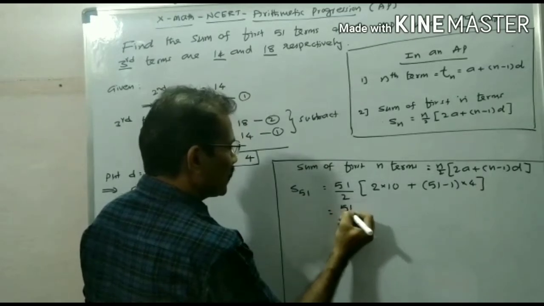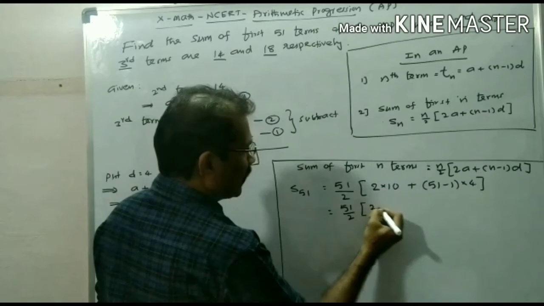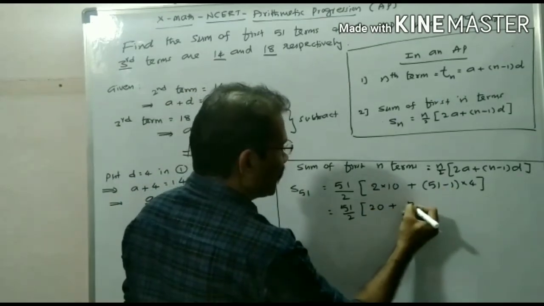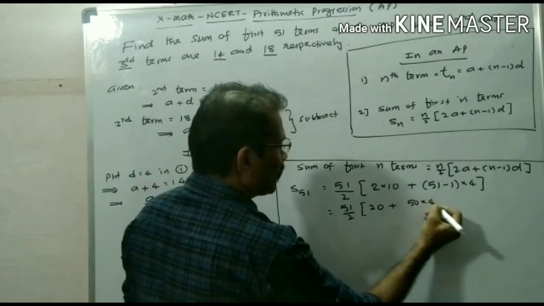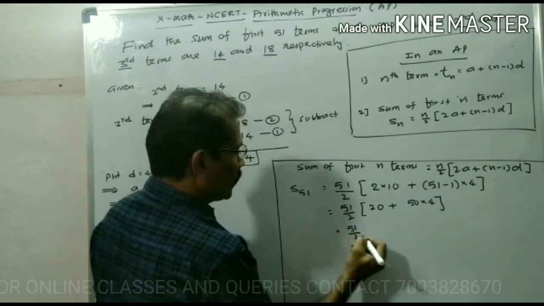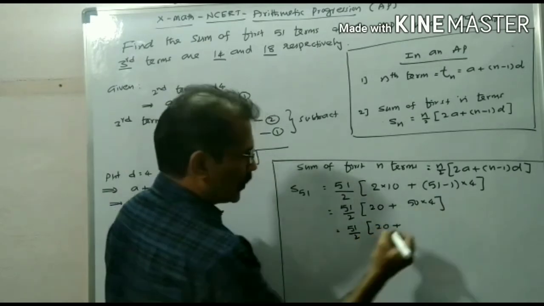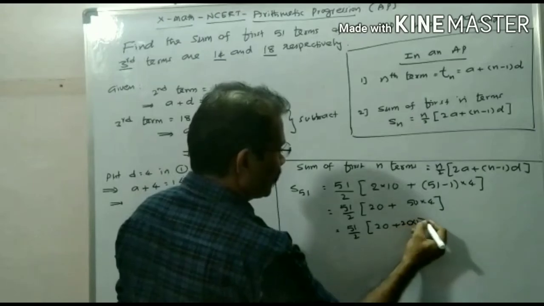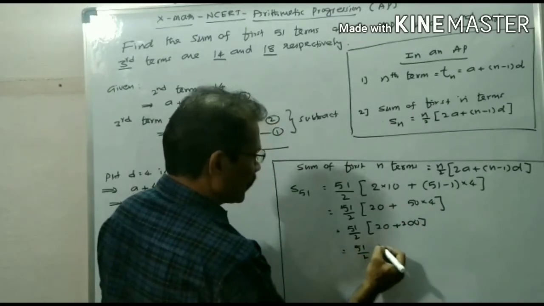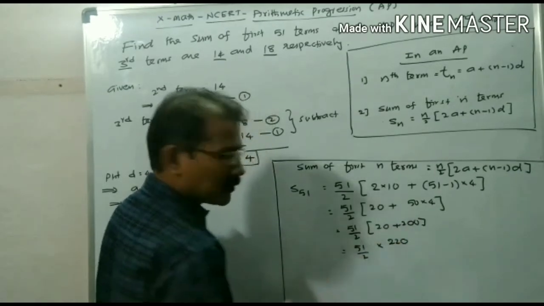Just we simplify this: 51 divided by 2 into, this is 2 into 10, 20, plus 51 minus 1, it is 50 into 4. Again 51 by 2 into 20 plus 50 into 4, it is 200. It is 51 by 2 into 20 plus 200, it is 220.